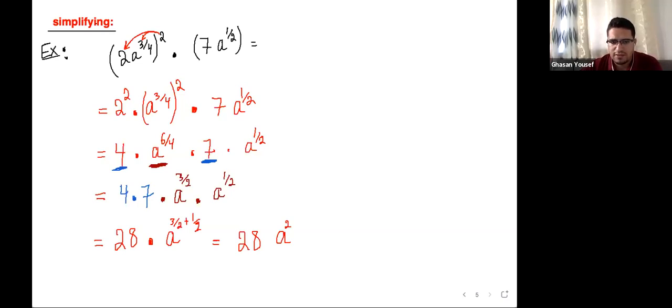And we have the same base, a and a, so we just add the exponents, 3/2 plus 1/2. Because we have the same denominator, we just add the numerators, 3 plus 1, and this gives me 4/2. And 4/2 we can simplify to 2/1.